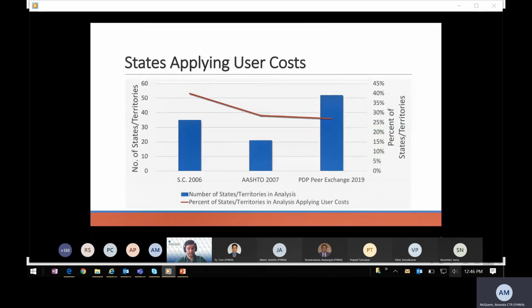So for South Carolina 2006, 40% of 35 total respondents indicated that user costs were applied. Additionally, for AASHTO 2007, 29% of 21 respondents indicated that user costs were applied. And finally, for the PDP peer exchange, out of 52 respondents, 27% of states indicated applications of user costs according to their pavement design policy. Next slide.